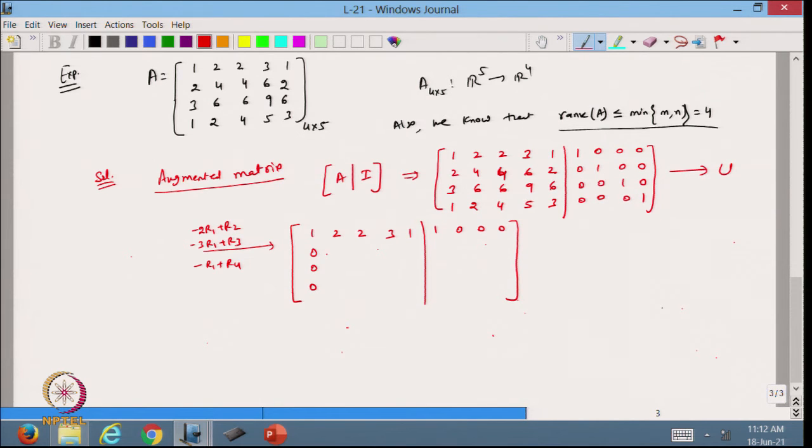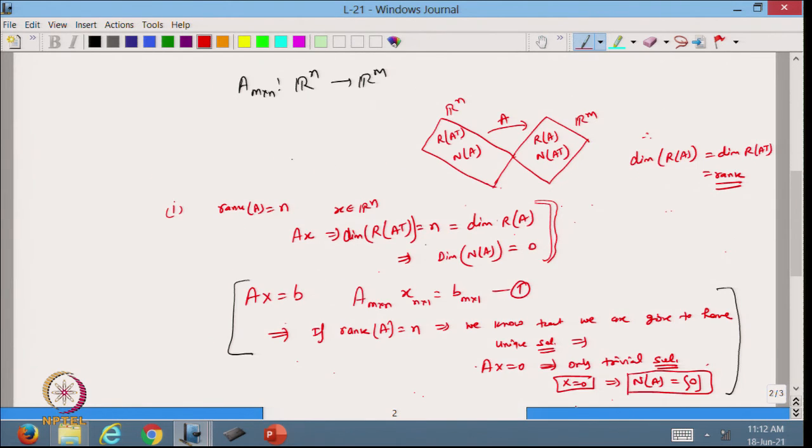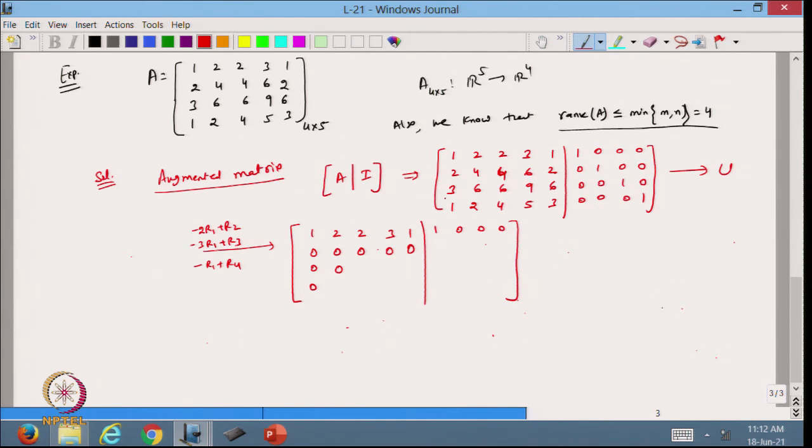In the third row it is 0 because minus 3 is multiplied: 0, minus 6 plus 6 is 0, minus 9 plus 9 is 0, and minus 3 plus 6 it will be 3.